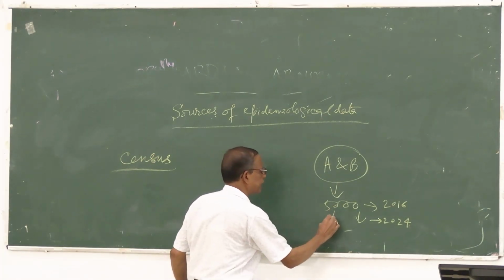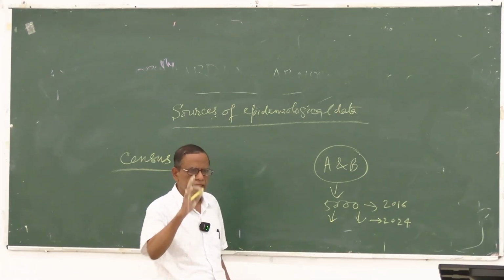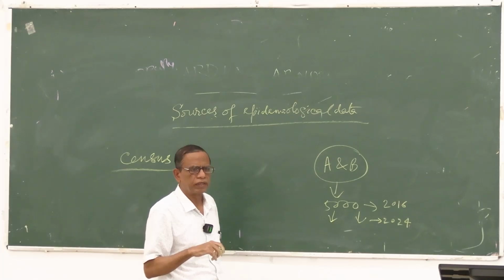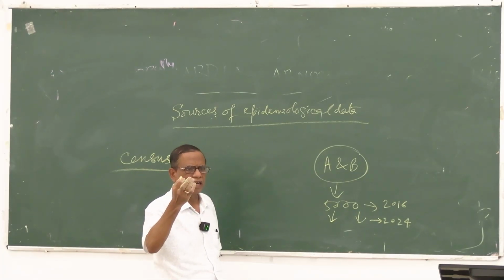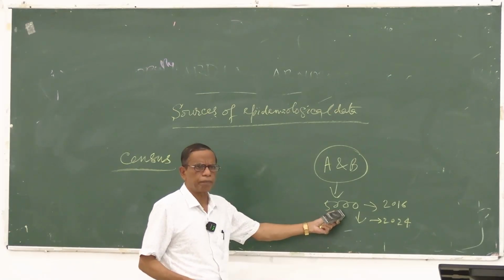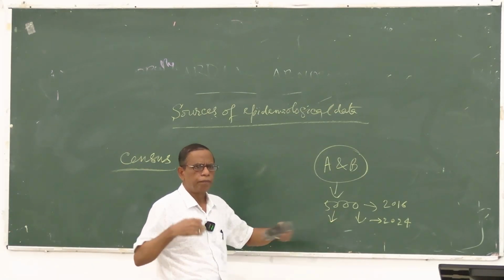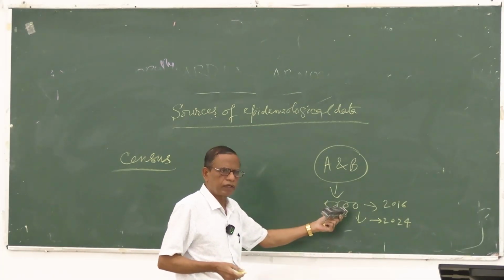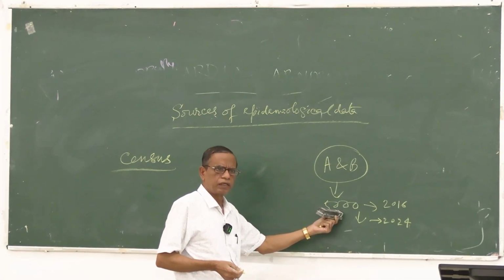Usually, population will increase. In a rare situation, in hilly areas or difficult to reach areas, there may be a smaller population. People have left the village, so there may be a chance of less population after 8 years.